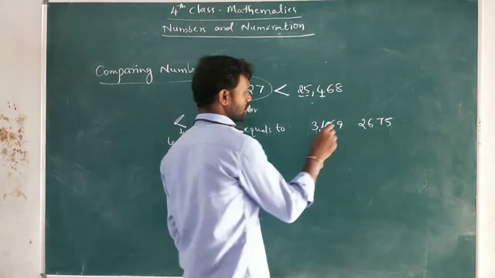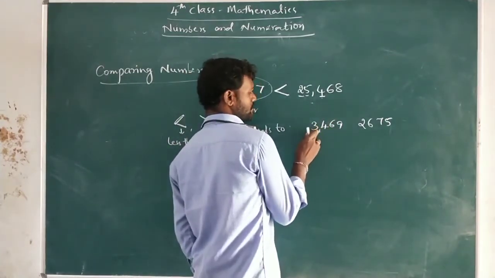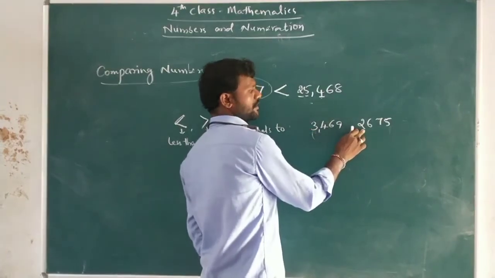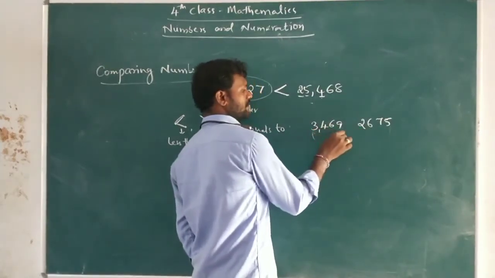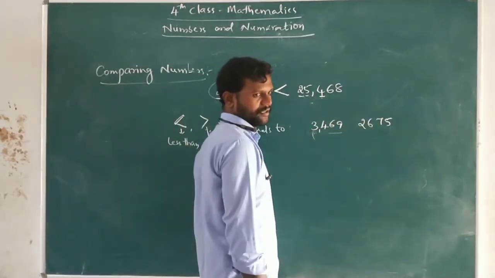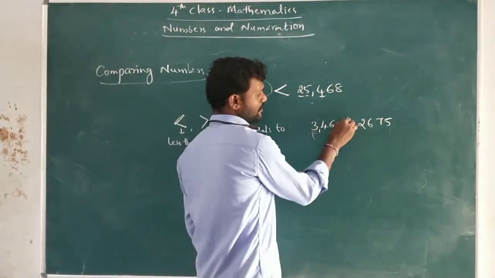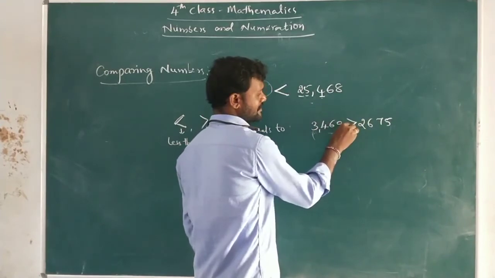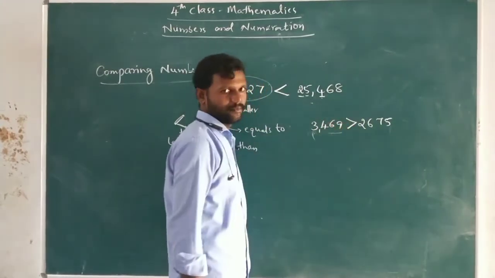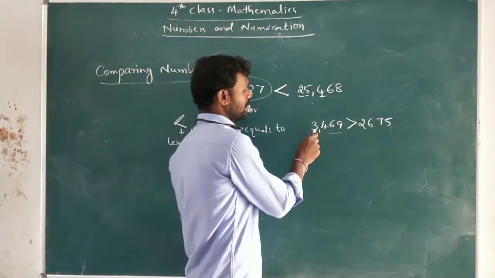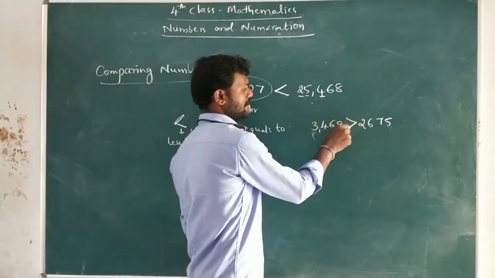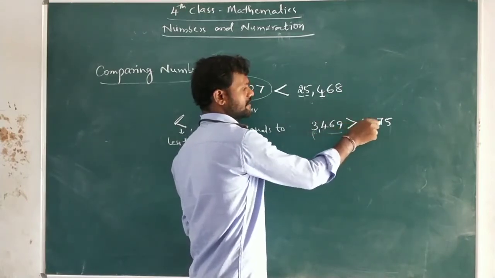Start from the first digit. The first digit here is 3, and here it is 2. 3 is bigger, so this number is bigger and this number is smaller. Always show two edges towards the bigger number. Now we can say 3,469 is greater than 2,675.